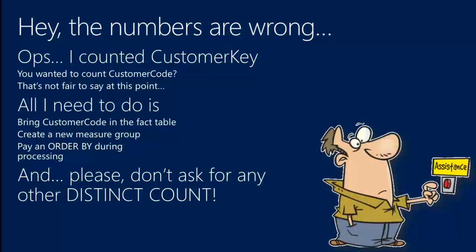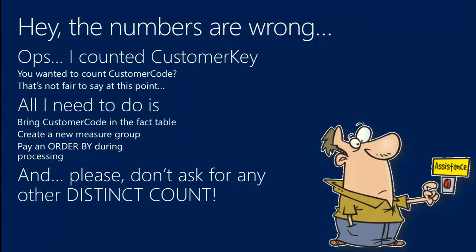This really scares me, because in order to solve it in multidimensional, what you need to do is take the customer code and push it inside the fact table through some view, which is incredibly expensive, and then do the distinct count over that, paying, by the way, an order by on the fact table by the customer code, which you can do whatever you want, but it will be really, really hard whenever you process your cube.